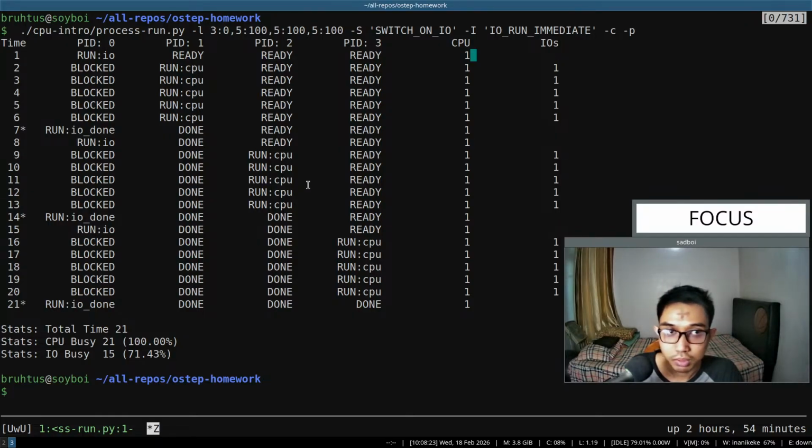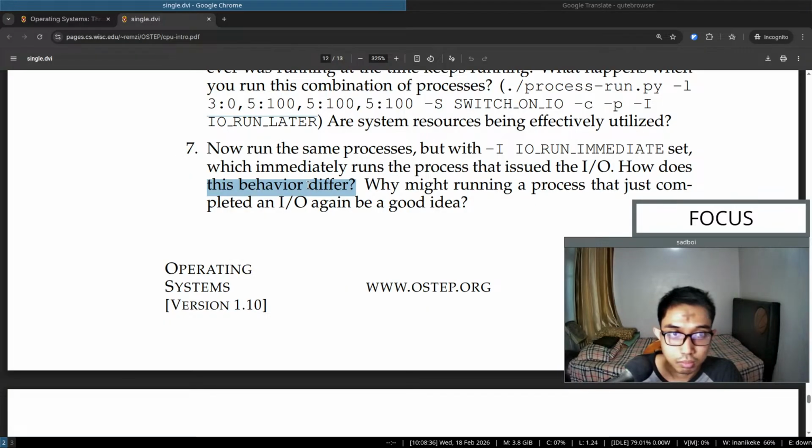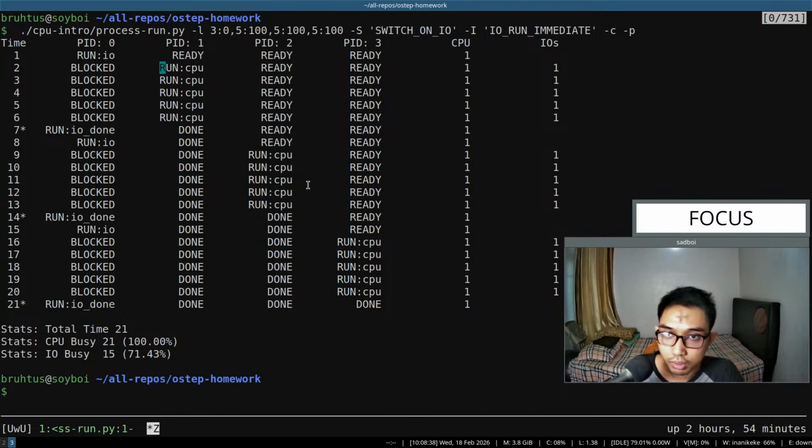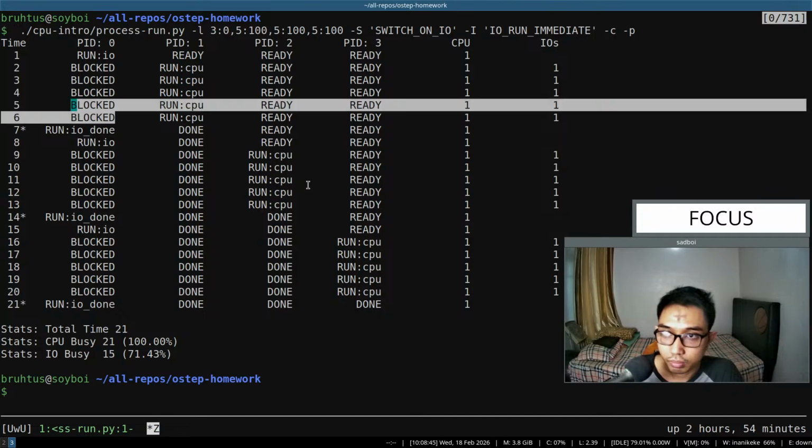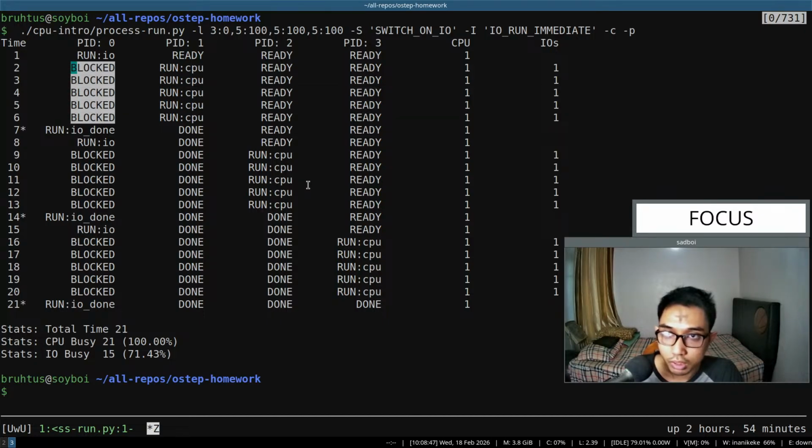Basically, when we run the input-output immediately, right, we can utilize the system resources effectively, because while waiting for the input-output to finish, we can also finish another process.